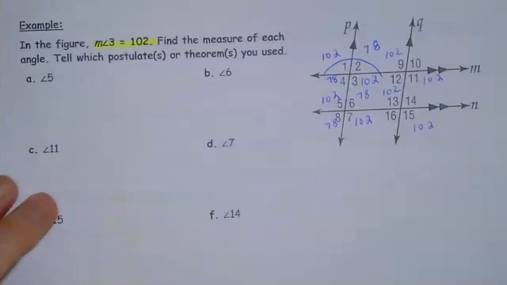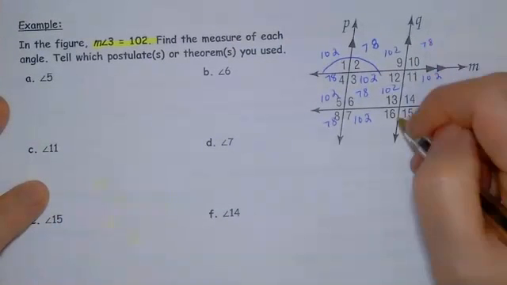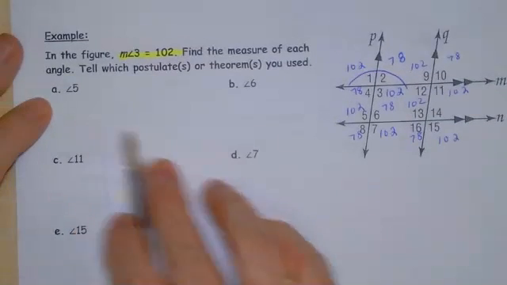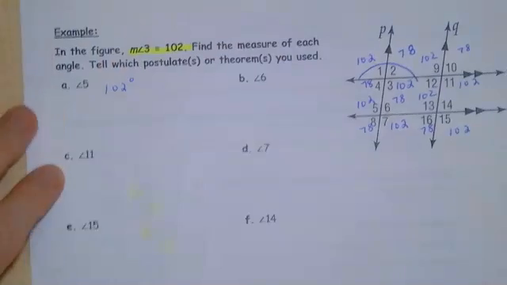You see how the patterns continue to go on. So now we can go back and say, okay, angle 5 is going to be 102 degrees.